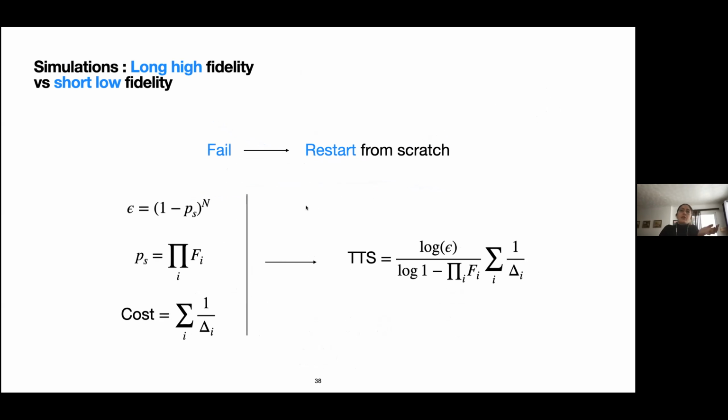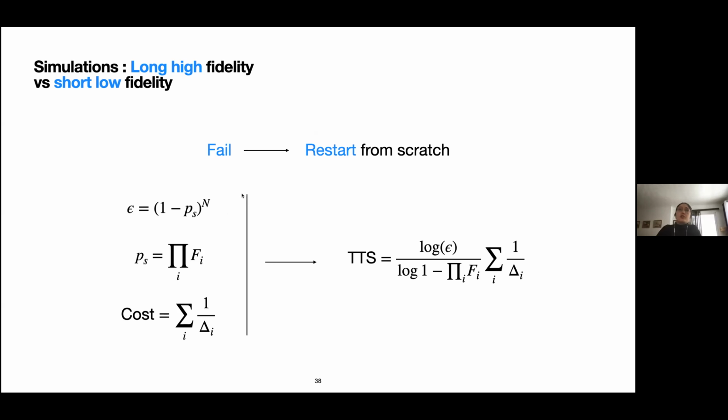So the idea of such an algorithm is basically you try to project into the eigenstates of your instantaneous Hamiltonian, but if you don't find the ground state, you collapse in a state that is orthogonal to that one. So you fail your measurement, and you have to restart from scratch. You have to restart from the very beginning of your algorithm.